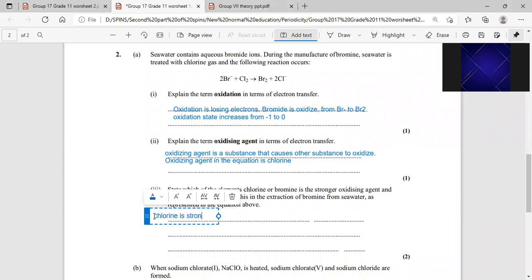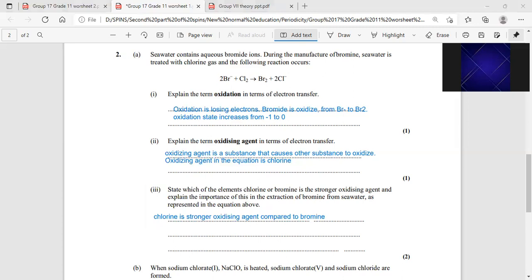It is the stronger oxidizing agent compared to bromine. Okay, and explain the importance.